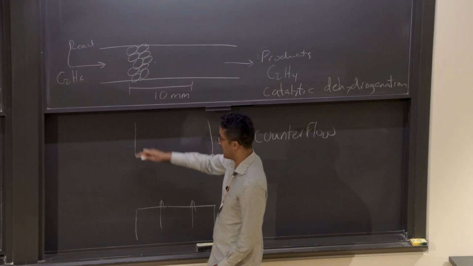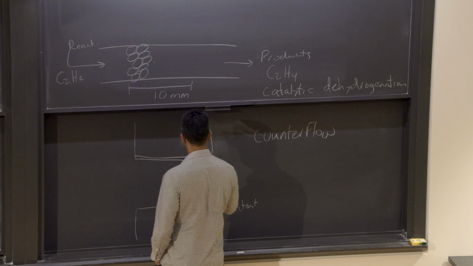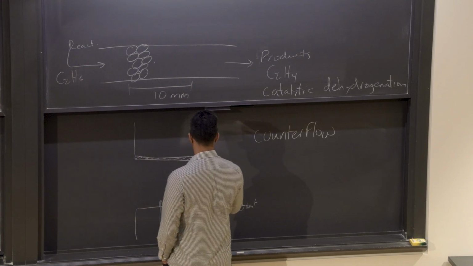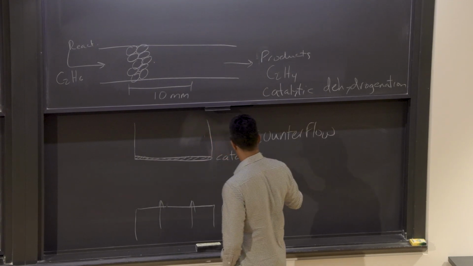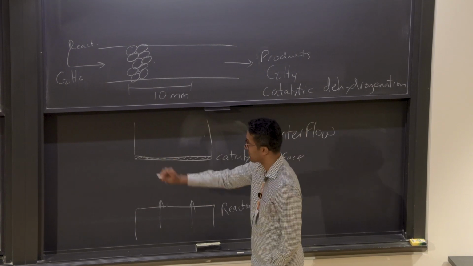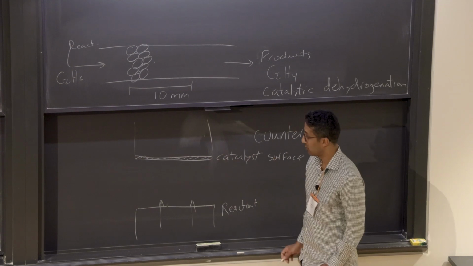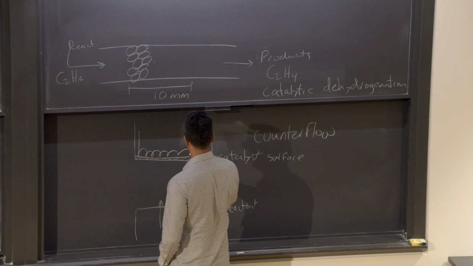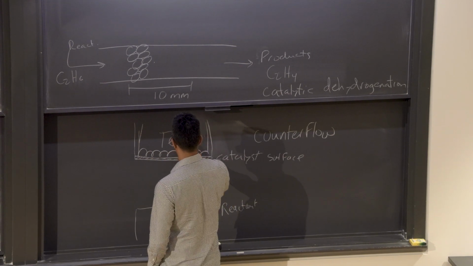Instead of having a port which has gases, we have a surface which is coated with a catalyst. There's a catalyst surface. And the catalysts are not particles now, they're just coated onto the surface, across the entire surface. And then you heat this surface, so you govern the temperature as well. You fix the temperature of this surface.